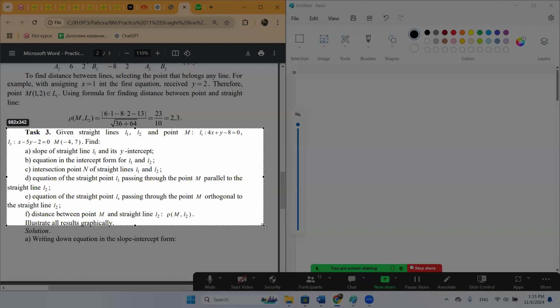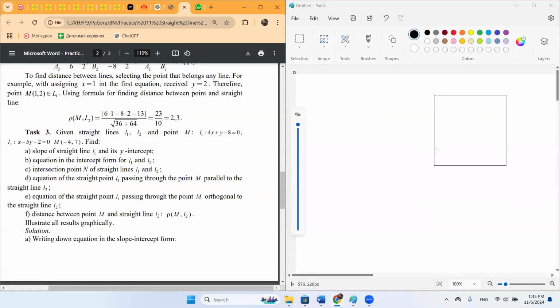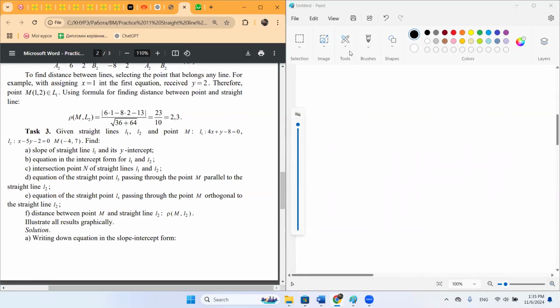And finally, we will even have to build graphs.